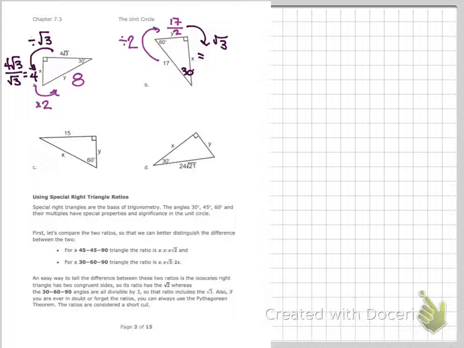And we get 17 square roots of 3. Remember that radical can just go in the numerator over 2.